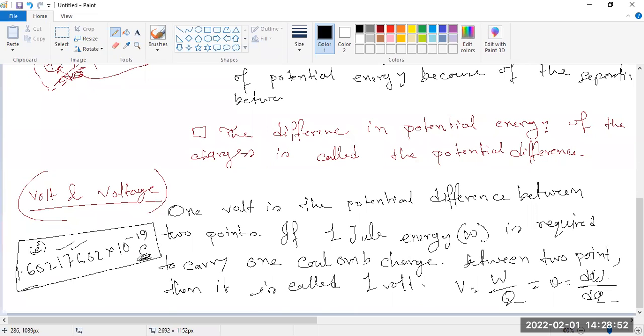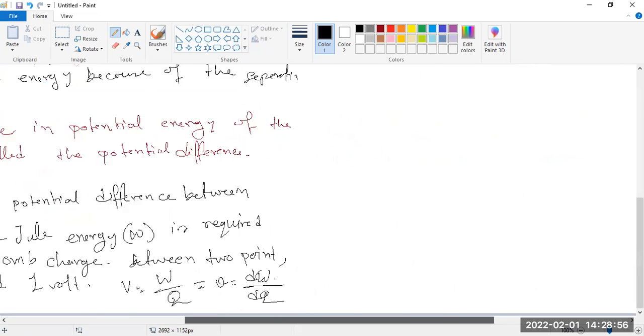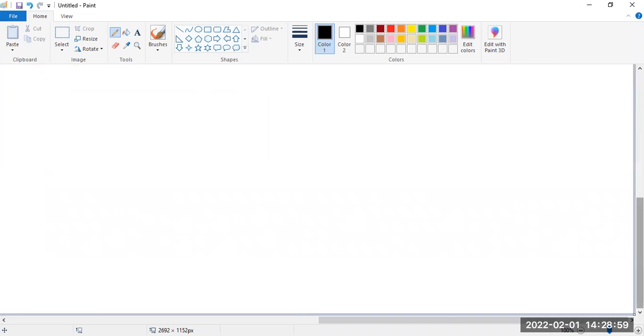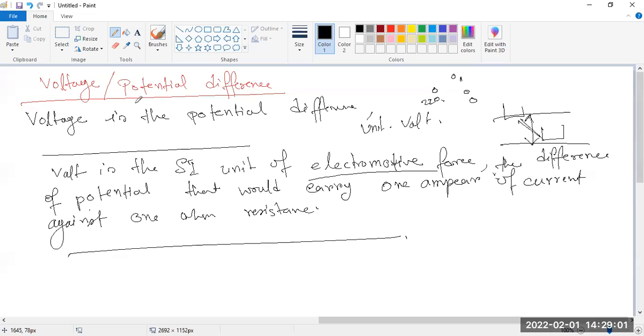Okay. And what is the potential difference? Potential difference, or the voltage, is the difference of potential, just like a water level difference. If there is a difference, then current must flow if it is connected with a conductor. Otherwise, if there is no difference, then no current will flow.